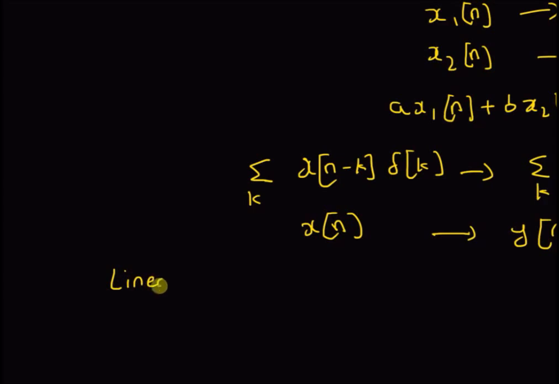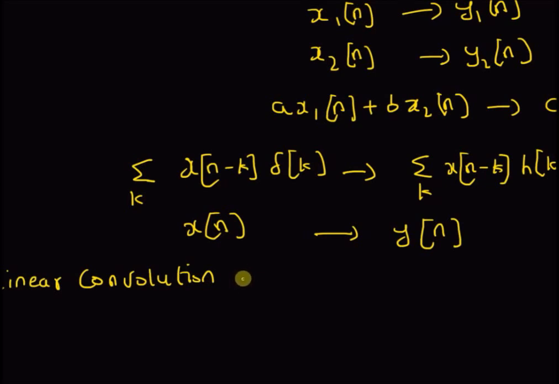Thus the linear convolution sum given here is basically a result of the following things. The first one is the definition of impulse response.